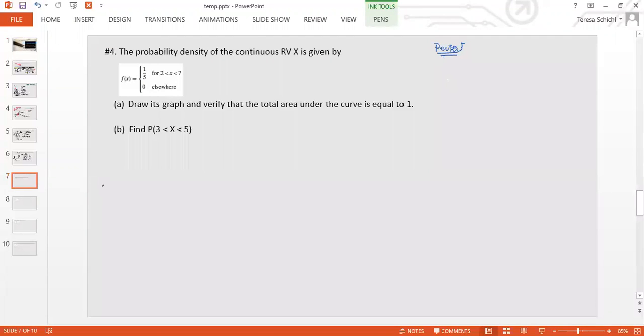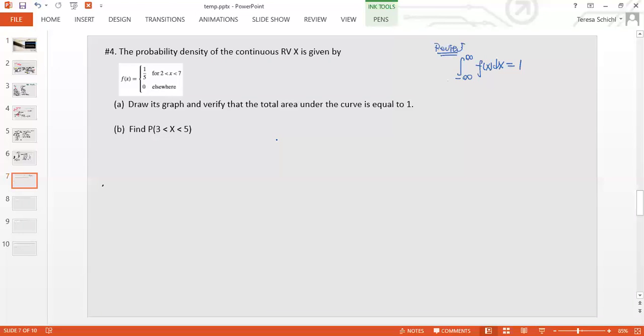If it is a PDF for a continuous random variable, what do we say here? We said the integral of your PDF f of x dx is equal to 1. That is one very key thing, even when we started with the sample space. It's the same thing, including everything in the domain has to equal 1.